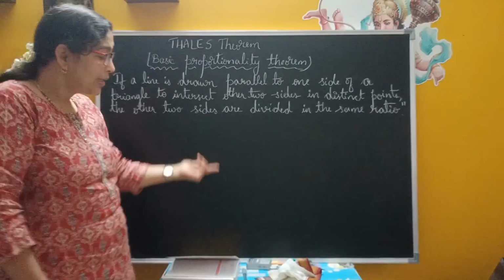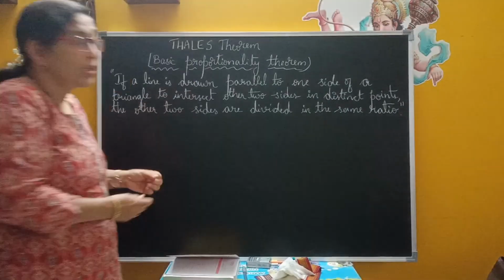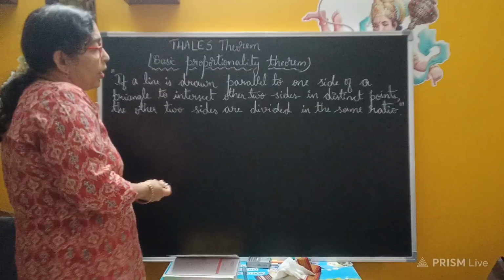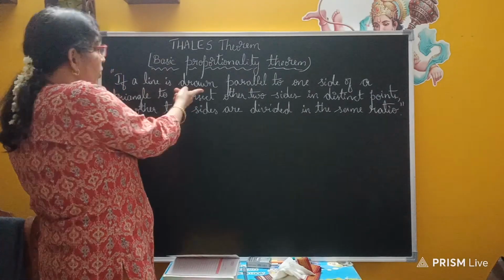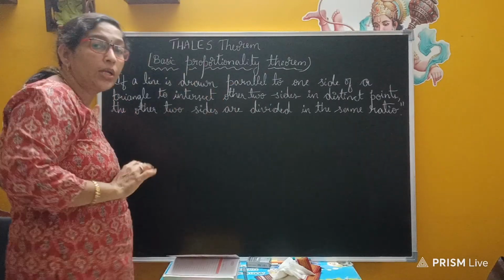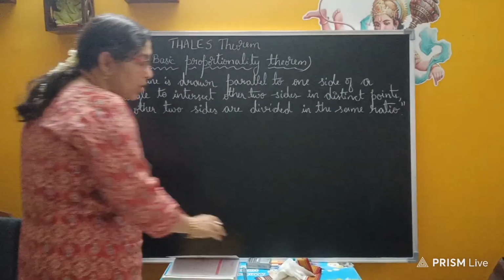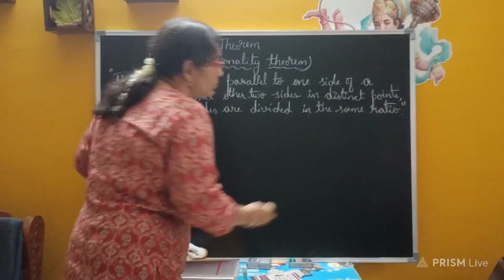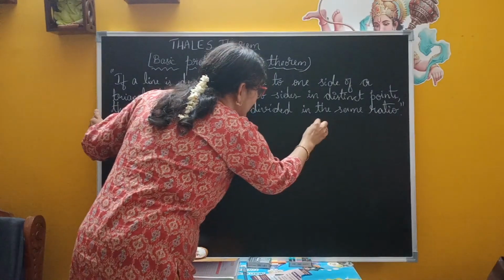Let us learn this with the help of the figure. According to this statement, what is given here? If a line is drawn parallel to one side of a triangle. So first let us draw a triangle.